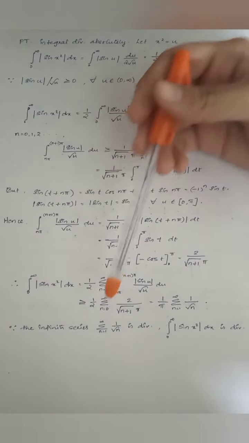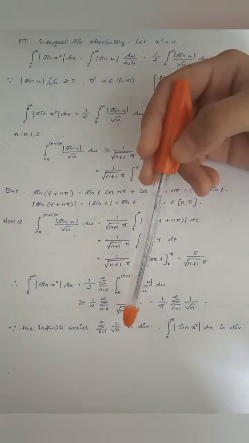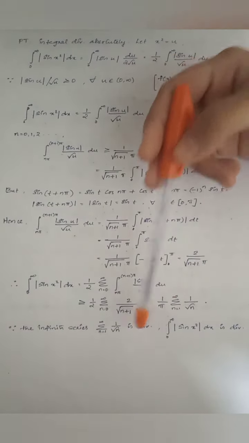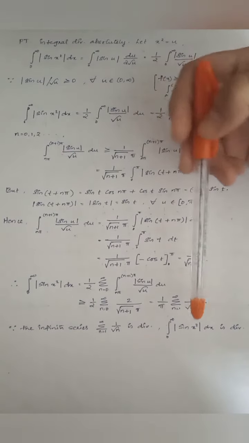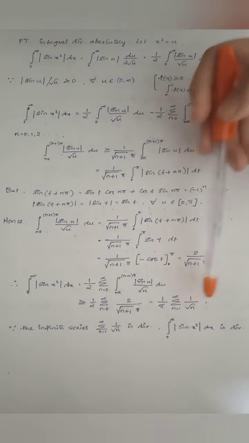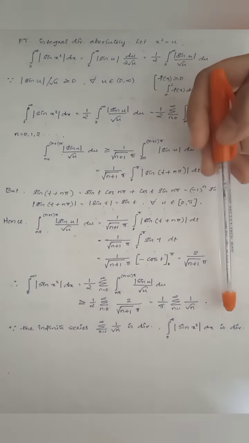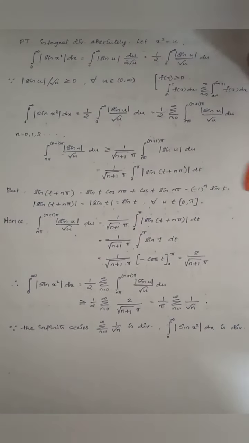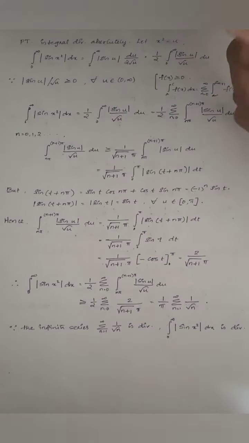Since the infinite series sum from n = 1 to infinity of 1/√n is divergent, the integral from 0 to infinity of |sin x²| dx is also divergent. Hence the given improper integral is absolutely divergent even though it is convergent. Therefore it is conditionally convergent. Thank you.